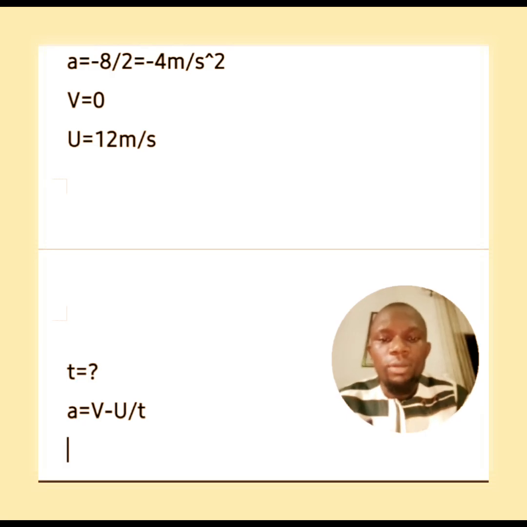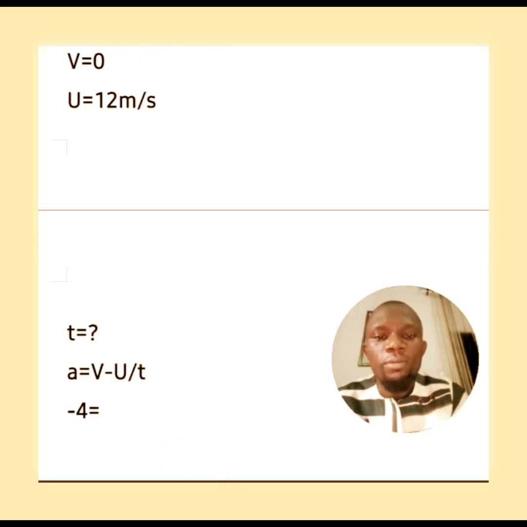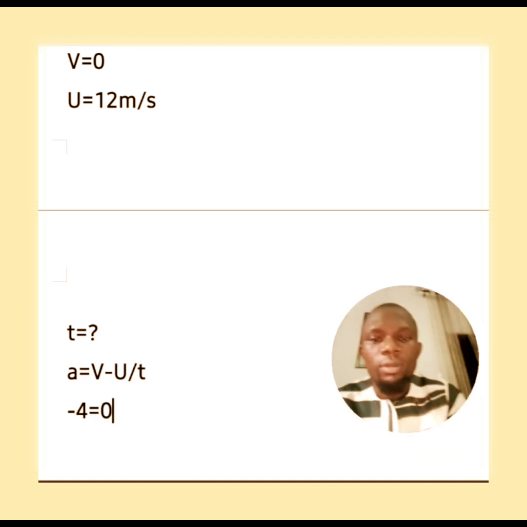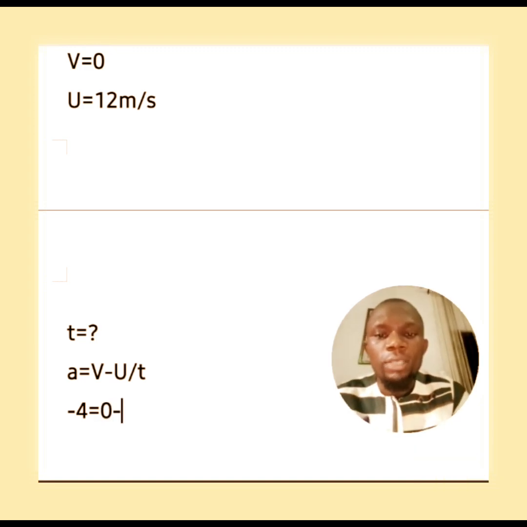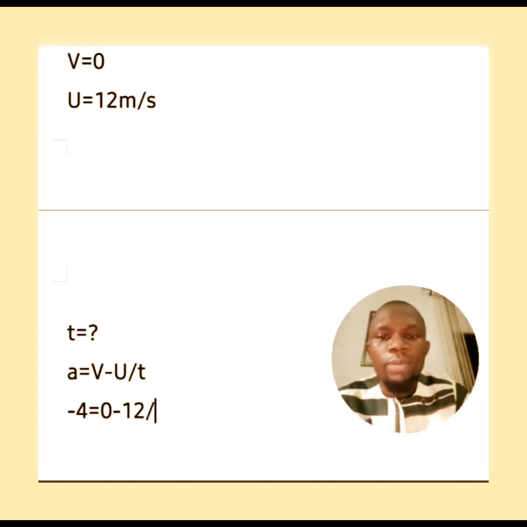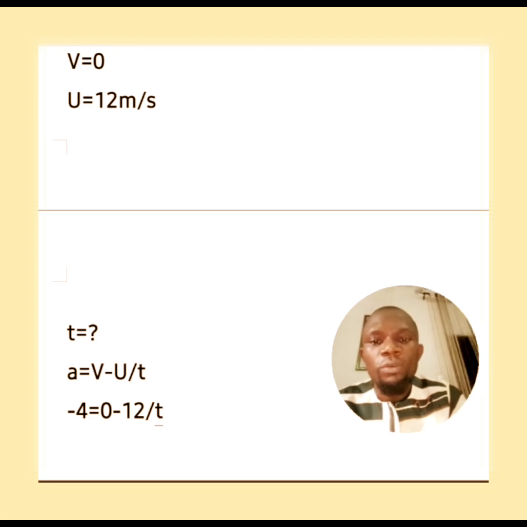Minus 4 is equal to my V, which is 0, minus my U, which is 12, divided by my T, which is unknown. My time is unknown. Okay, so if you check, 0 minus 12, I have minus 12.